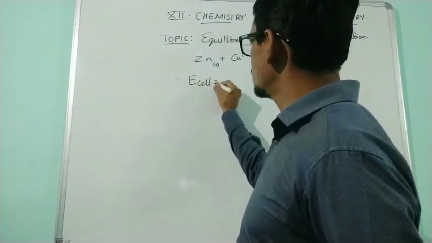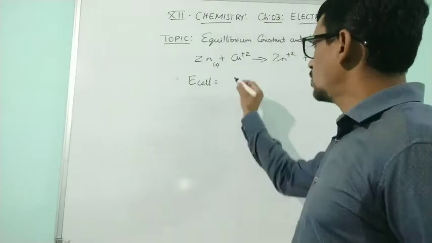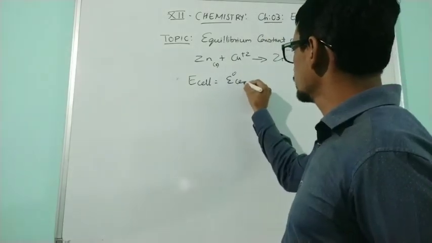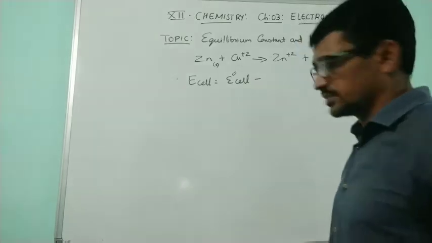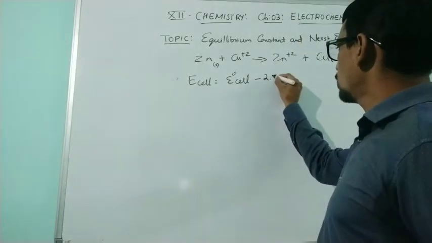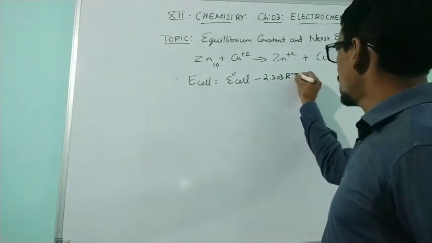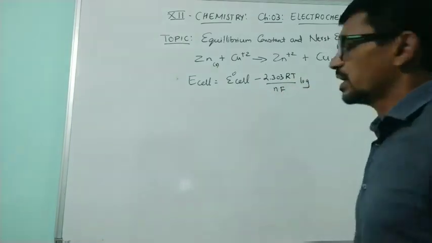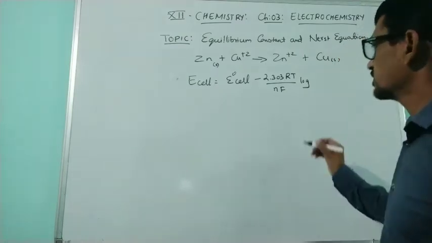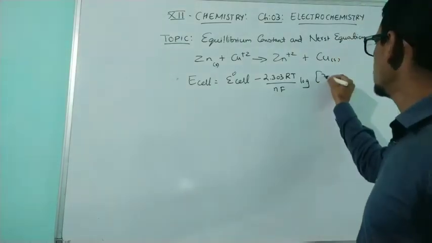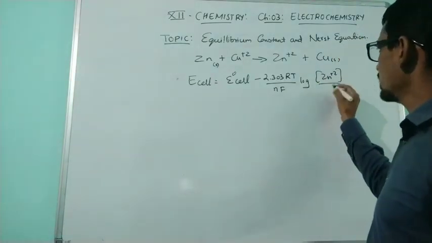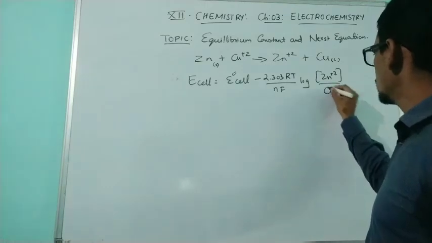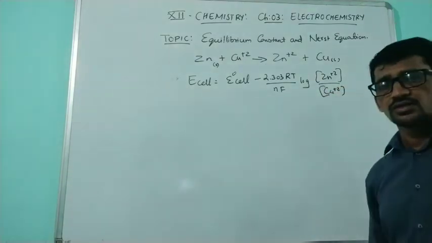E cell, means cell potential, is equal to E0 cell minus 2.303 RT over NF into log anode ion upon cathode ion. Anode ion means Zn2+ ions upon cathode ion, Cu2+ ions. So this is the Nernst equation.